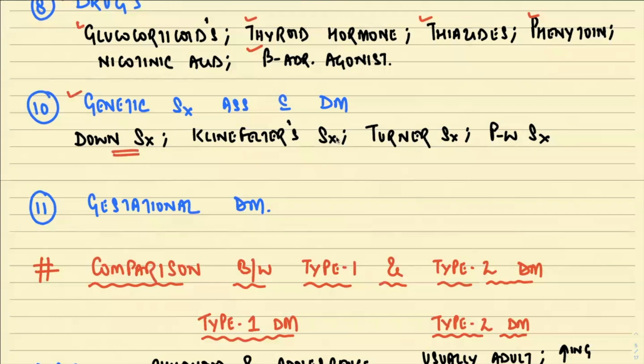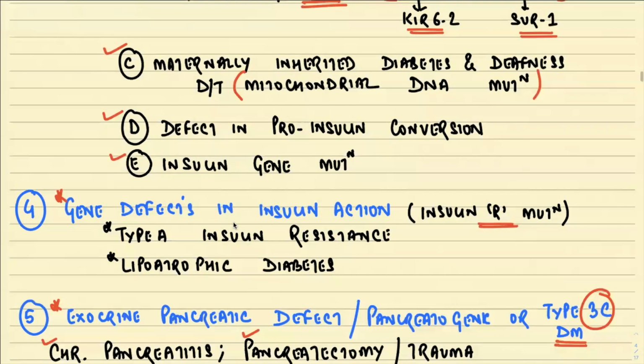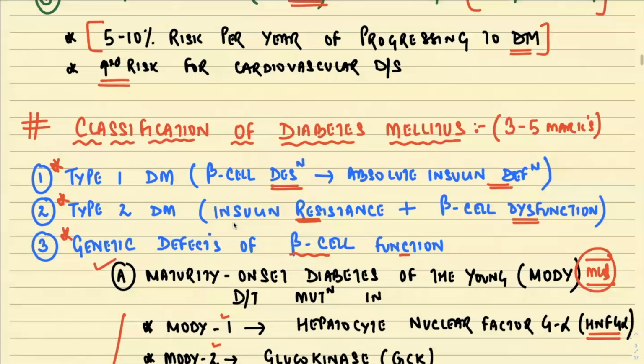The most common ones are Down syndrome, Klinefelter's, Turner's, and Prader-Willi syndrome. And lastly, we have gestational diabetes mellitus. When you are asked about the classification of diabetes mellitus, which all of you will be asked, you have to lay down these 11 types in detail. This carries usually 3 to 5 marks.